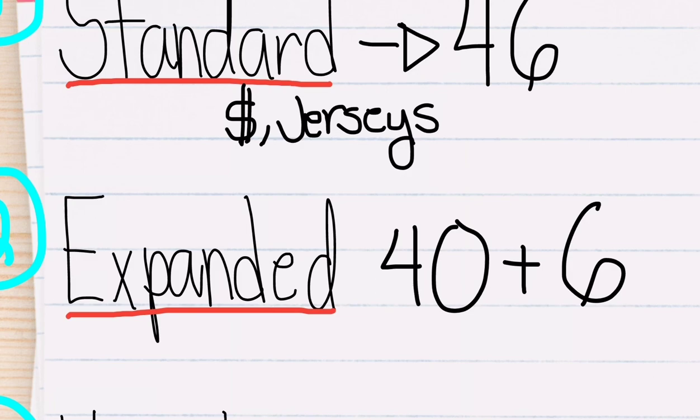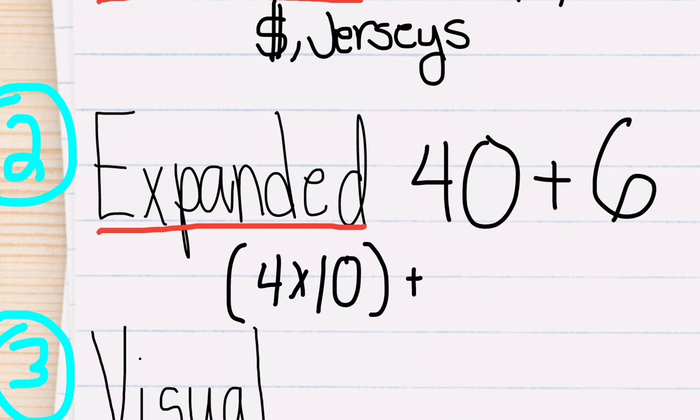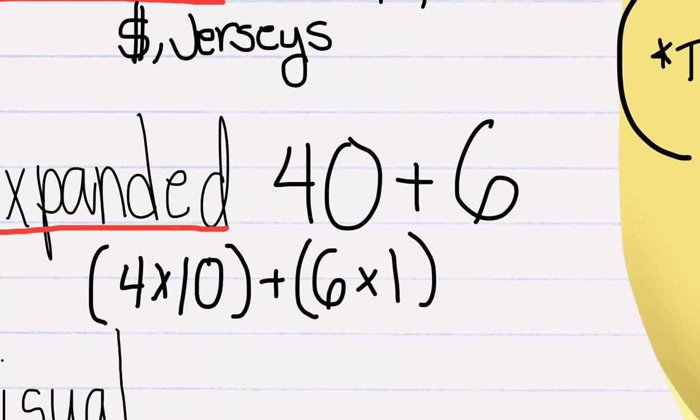Now, once you get into 5th grade and 6th grade, they might say there are 4 tens and there are 6 ones. Either way, whether I'm talking 40 plus 6 or 4 times the tens place plus 6 times the ones place, both of these will equal 46.